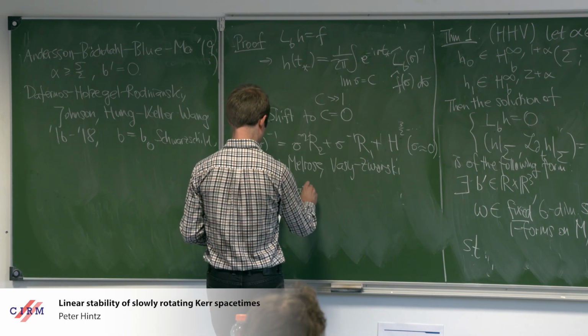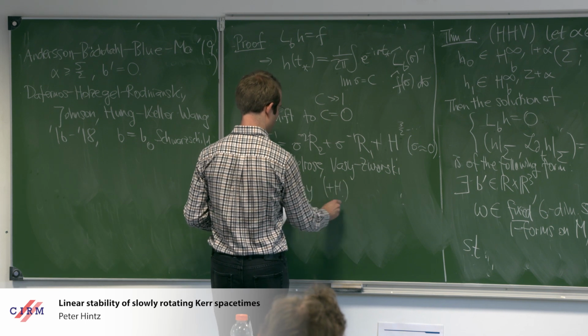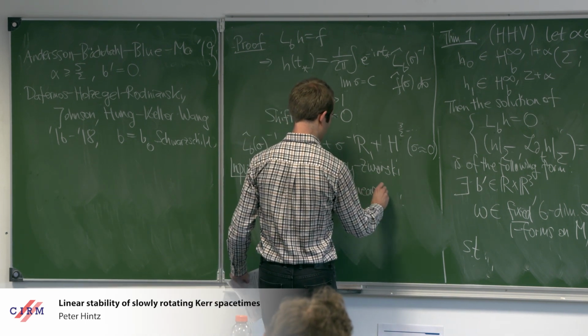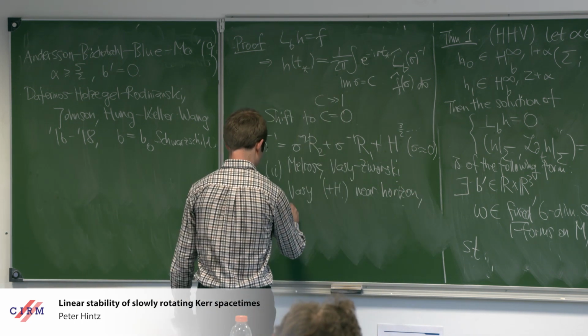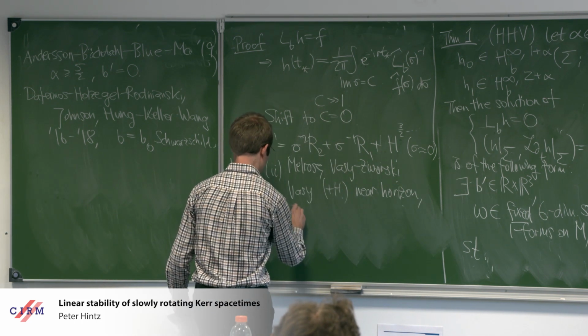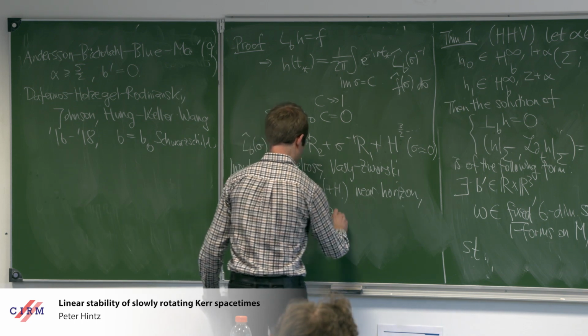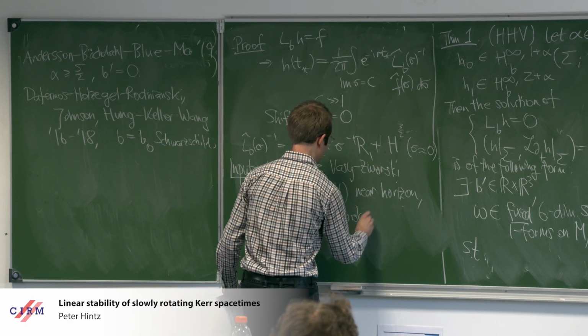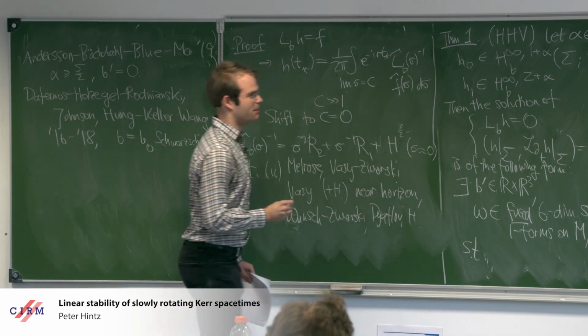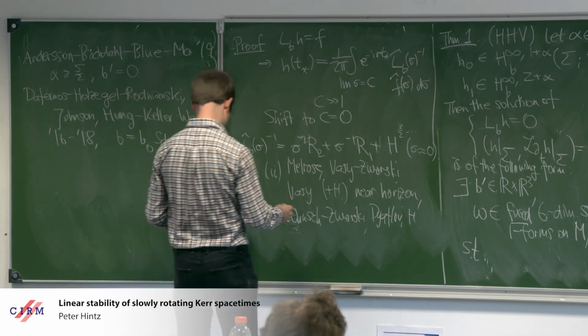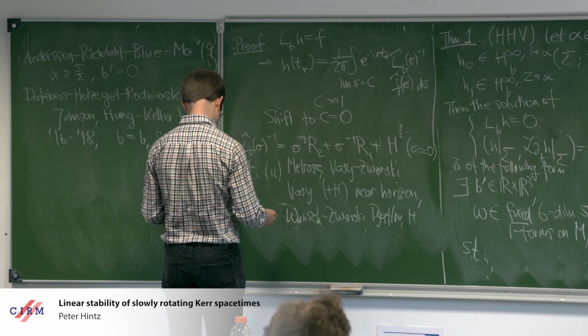Then there's work by Vasy and a little bit by myself near the horizons, where there are some radial point estimates going on. And then work by Zworski, Dietrich, and myself on the trapped set. There's something very interesting happening with orbiting photons.